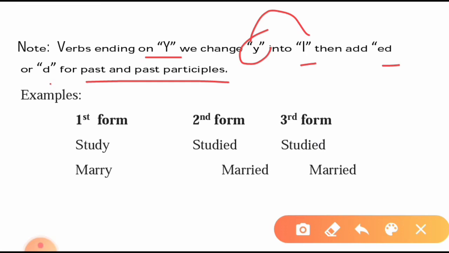See the example: study, ending in y. We change y into i and then add ed for second and third form, which is studied, studied. Another example, marry, ending in y: we change y into i and then add ed, and the same for the third form. So this is the note that you have to keep in your mind.